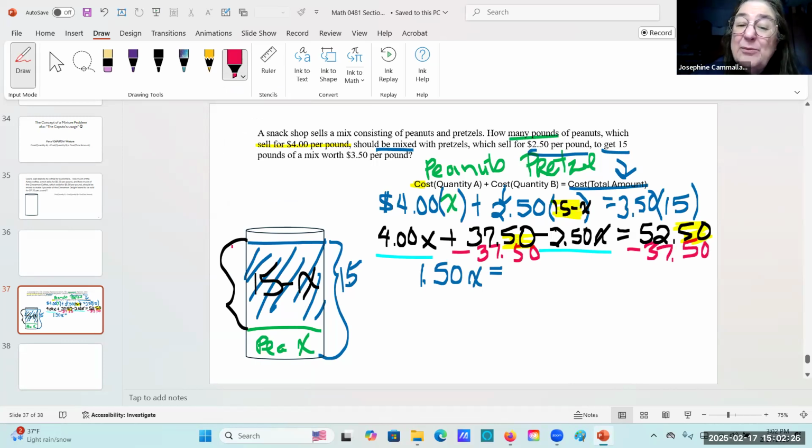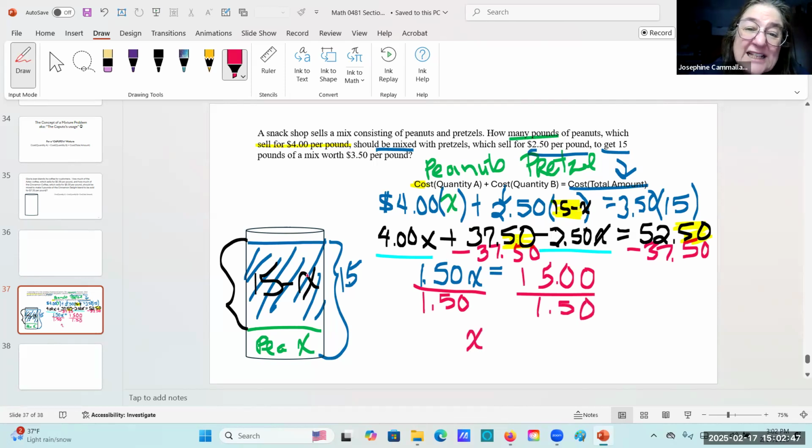Now this will give me 15 on the other side, and when I divide by 1.50, I am going to get X.